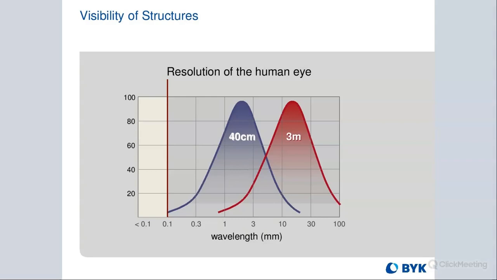When we get farther away from the vehicle, we can see from 1 to say 100 millimeters of wavelength, and that would be at like a 3 meter viewing distance. And then underneath 0.1, this is where the resolution of the eye cannot see the individual waves. This is a different measurement that we also do, and we call it dullness, and I'll talk about that in a little bit.